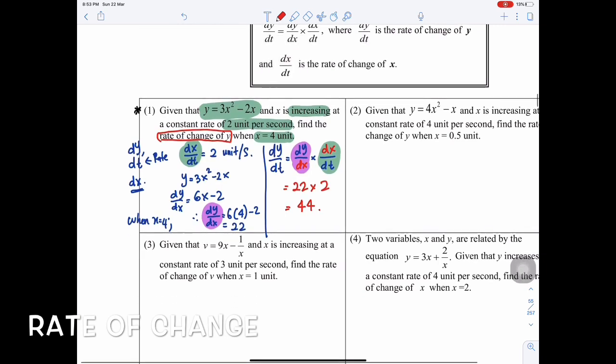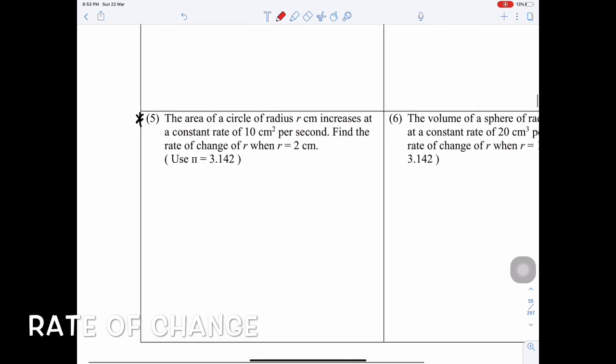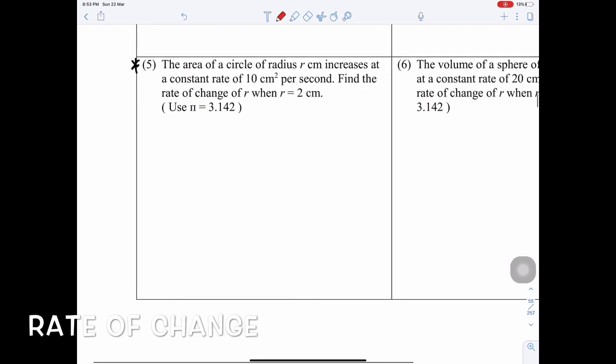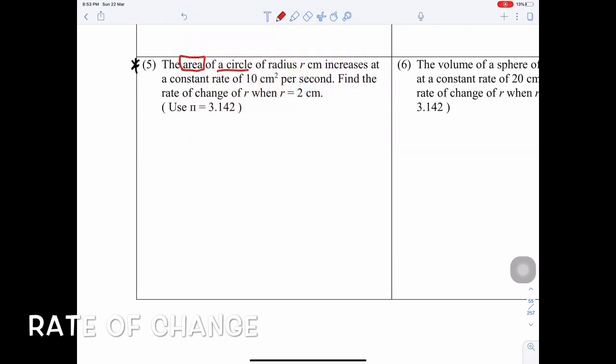So that was example 1. Now let's look at an example that involves area, the area of a circle. The area of a circle of radius r increases at a constant rate of 10 centimeters squared per second.